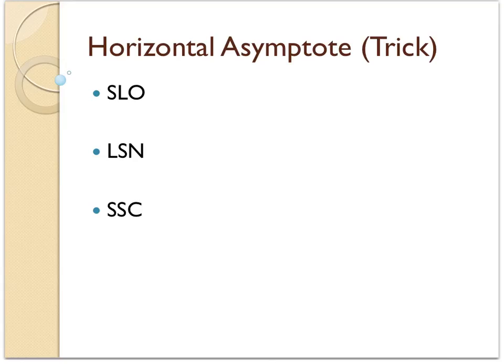And so there's a quick way that we use to remember this. We have this little trick. I call this one South Side of Chicago, just obviously because we're a Chicago suburb, so it makes it a little bit easier. So when we have smaller over larger, and we're always referencing the degrees, we have y is equal to 0.